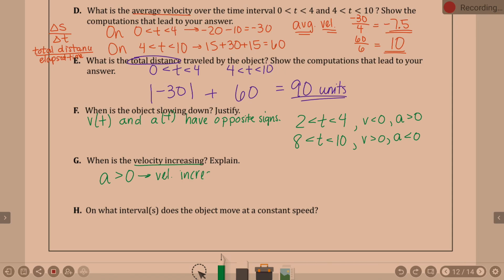That's when there is a positive slope, right? Because this was a velocity graph. Caitlin had it broken into pieces just as we were talking about it, but I have it listed as 2 to 6. Velocity increasing is when acceleration is positive. Acceleration is the slope of the line, so it's a positive slope.